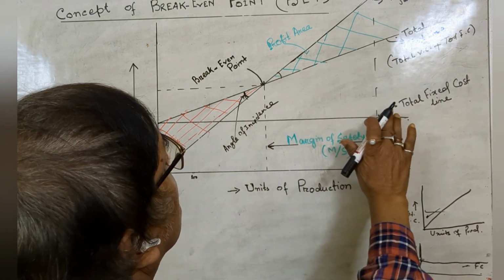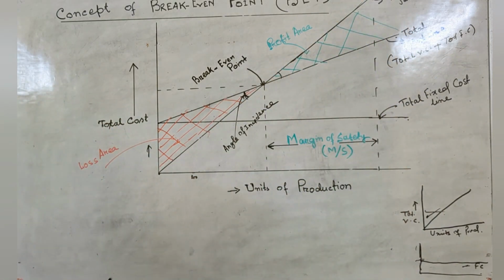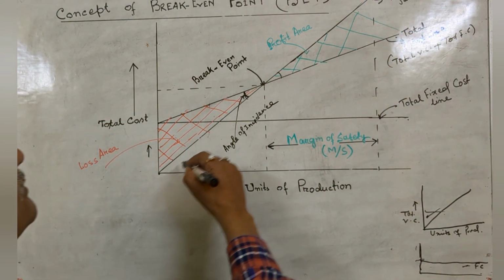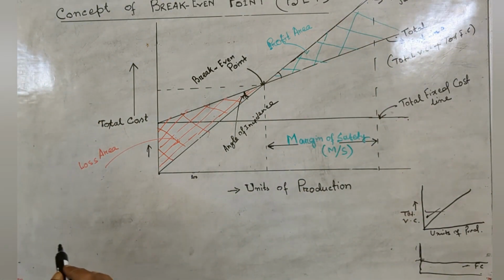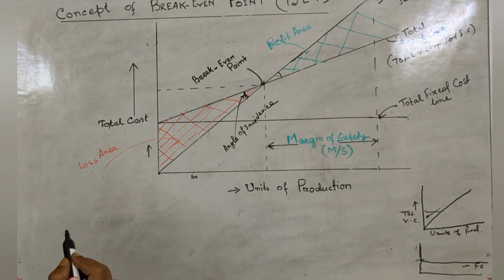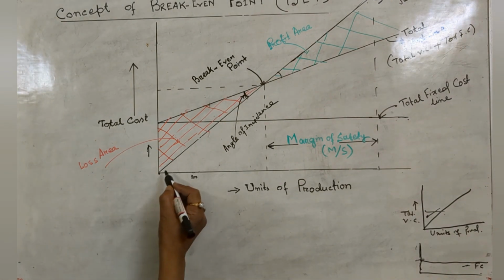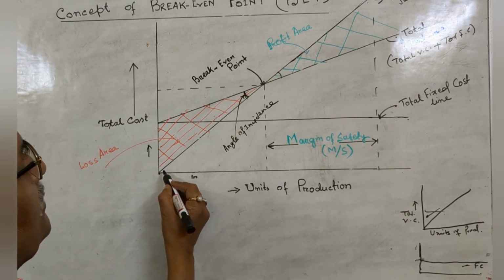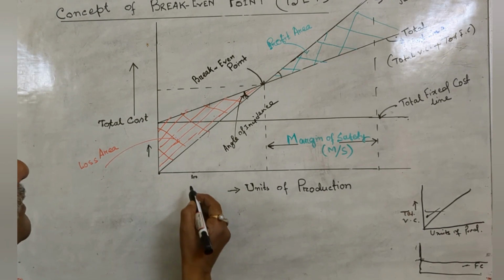If you now draw this line, then this is the total cost line and this is the total sales line. Why is the shape of the total sales line like that? Because the sales increase proportionately. If you sell one unit, say the sale price is 100 rupees, then total sale will be 100.